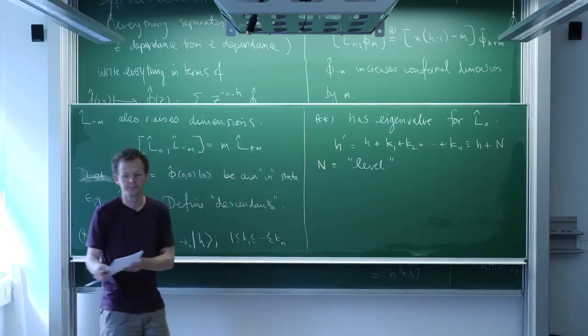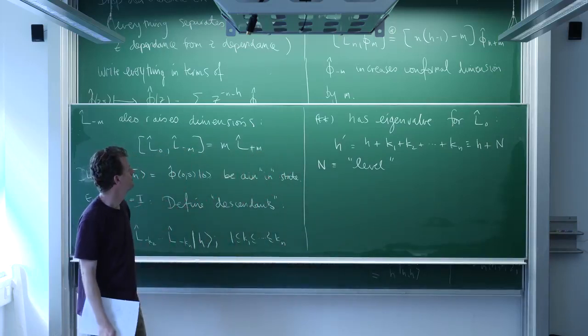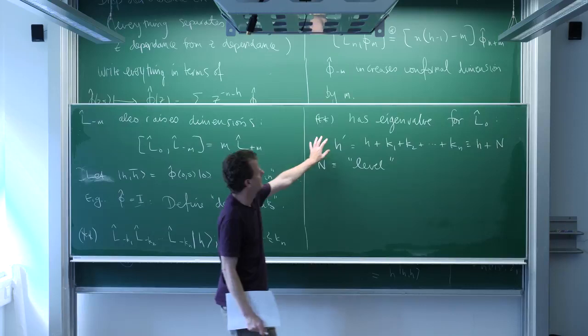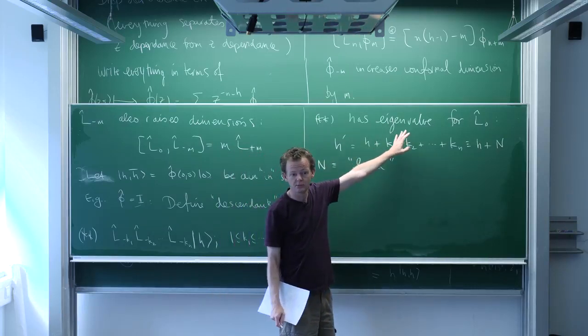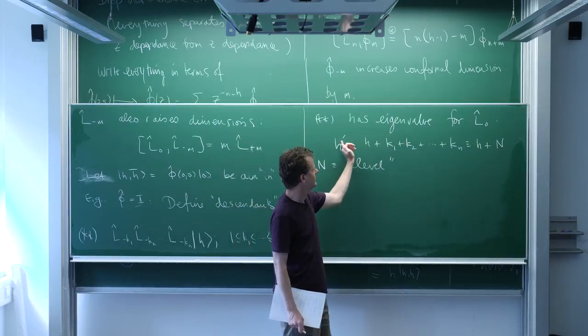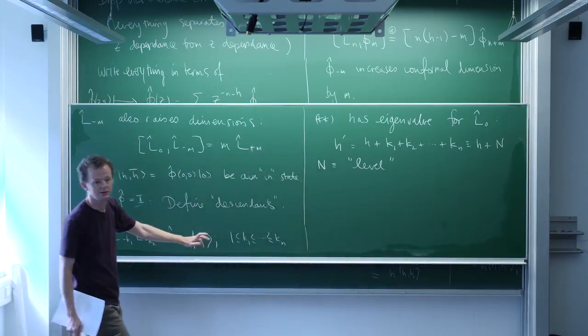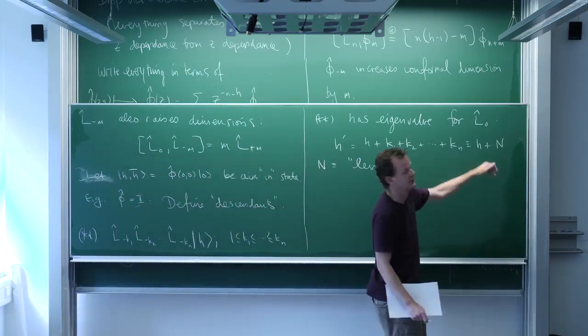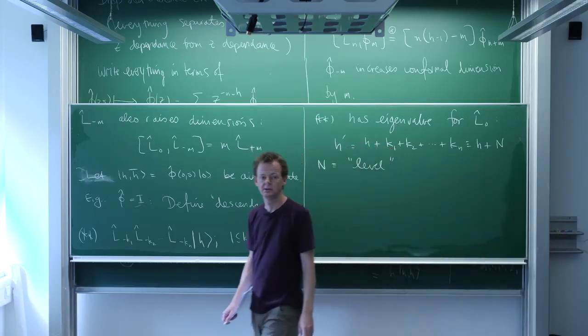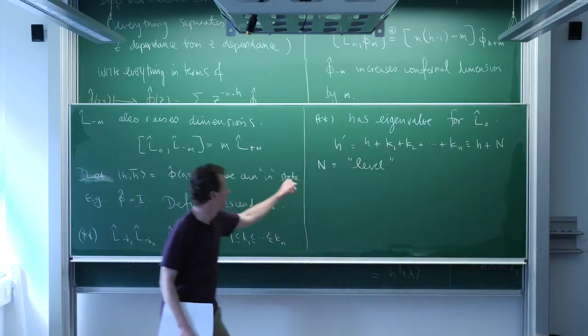These K's are all integers. So if our initial state was, say, the vacuum, then the eigenvalue of this new state found by applying all these L's to it is just the sum of the K's. The sum of the K's is an integer called the level.